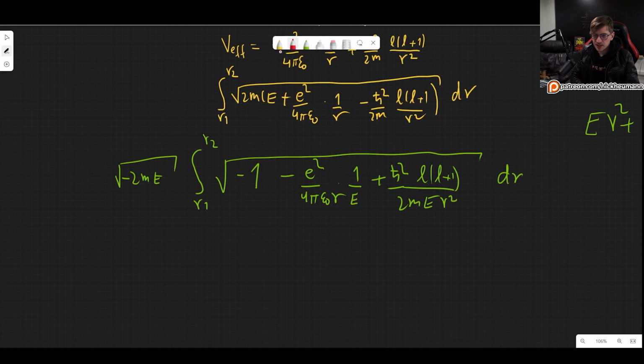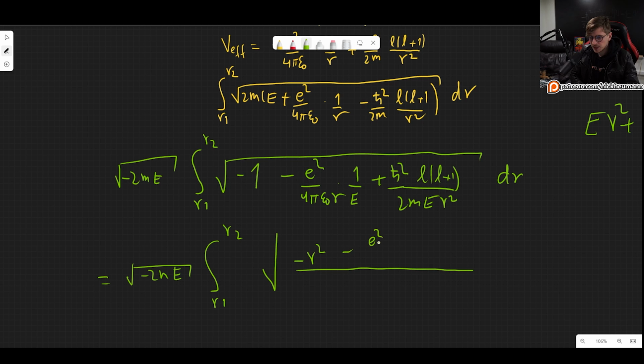That one is relatively easy to get because all we need to do is take the common denominator, right? We can take the common denominator inside of the square root, so square root of, and we have minus r squared, right? And then we have minus e squared divided by 4 pi epsilon 0 e r.